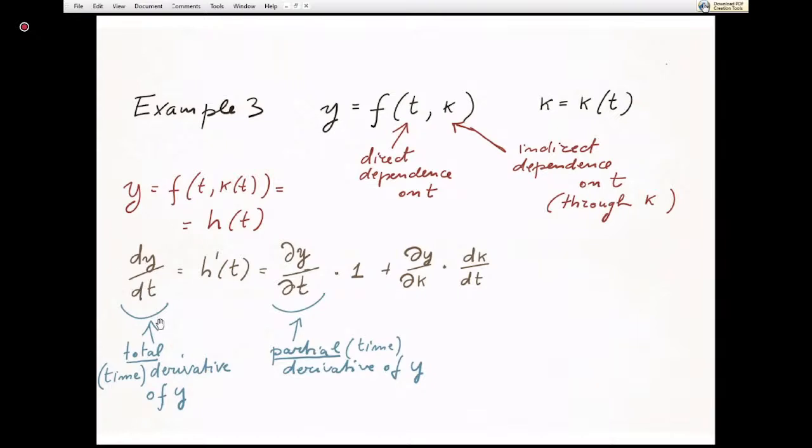On the left, you have the total derivative that captures both the direct and the indirect dependence. The partial time derivative captures the direct dependence, but there is another term, which is the indirect dependence, and the left term captures both. So this is the reason why this is called the total time derivative, and this is the partial time derivative of the same variable.